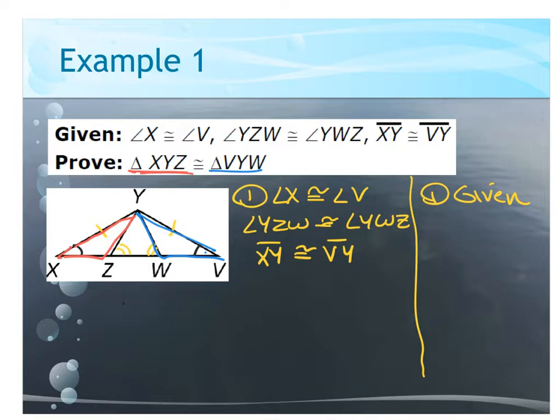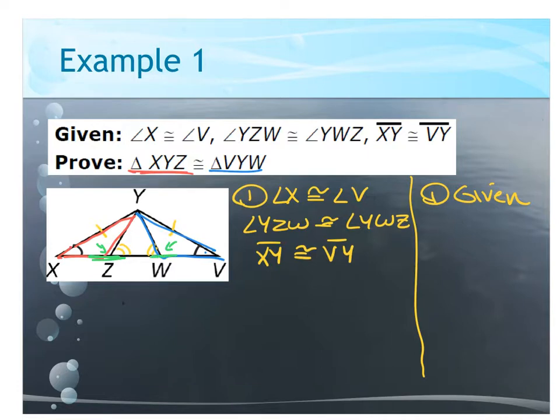I need to get another piece of information in here. Now, I can't really tell anything about segments, but I could sort of tie in that I have a linear pair here.